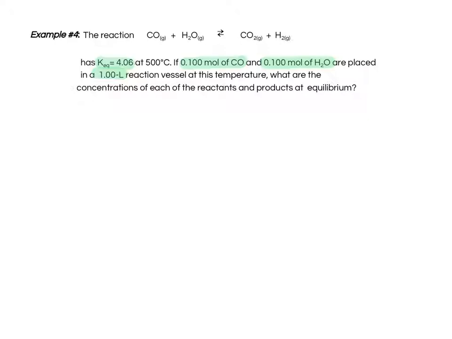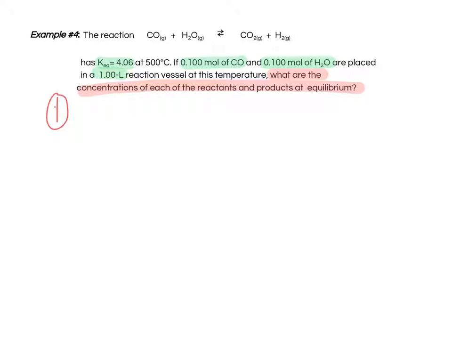So that actually makes things nice because then we have values of moles per liter, so concentration units. And the question is asking us, what are the concentrations of each of the reactants and products at equilibrium? All right. So I'm going to encourage us to first start by, take a guess, drawing or creating an ICE box.